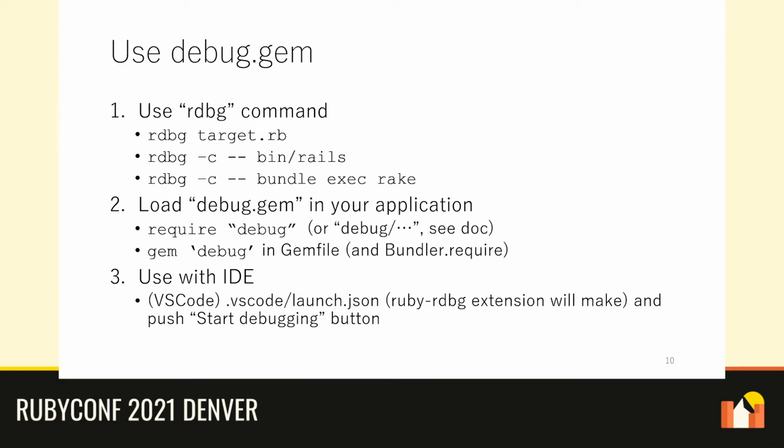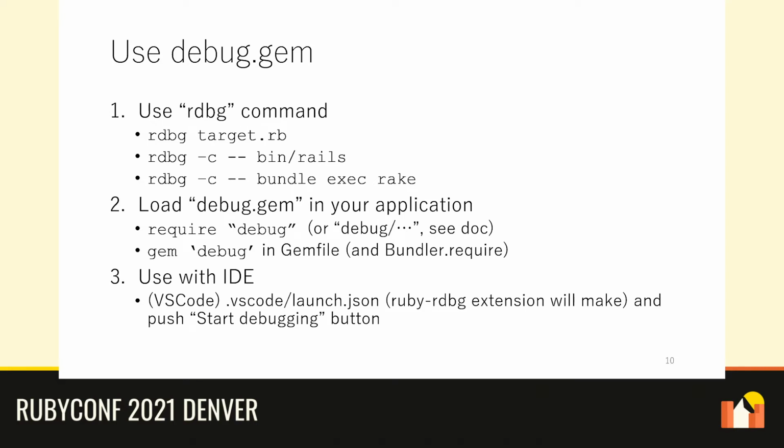The second way is to rewrite your application to require the debug library, or rewrite your Gemfile. I think Rails developers like this way. The third way is to use an IDE. For example, on VSCode, you need to set up the launch.json file in your workspace.